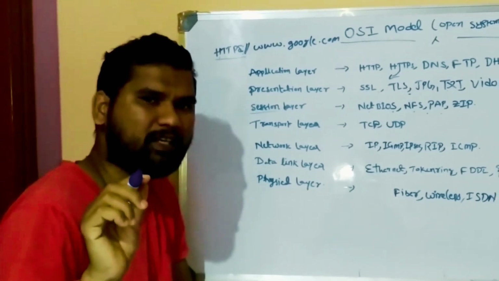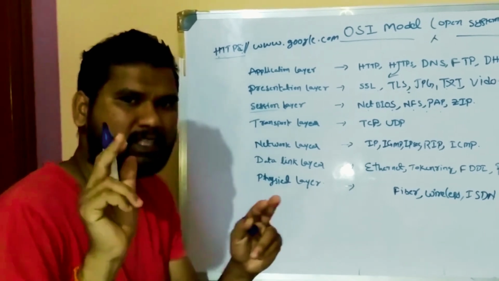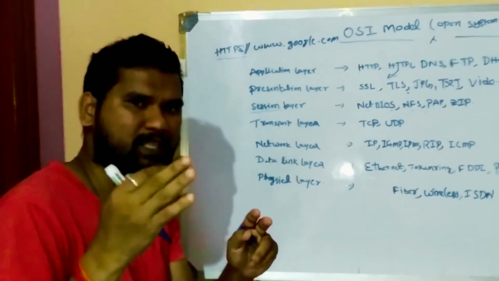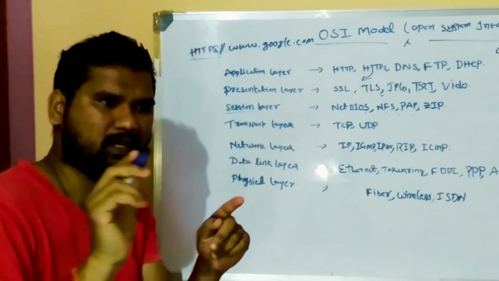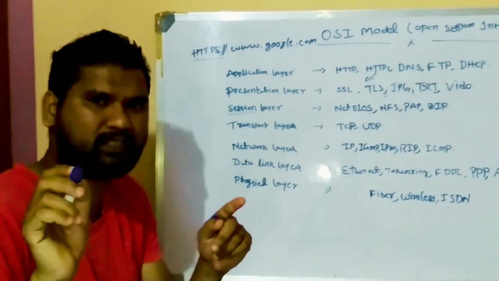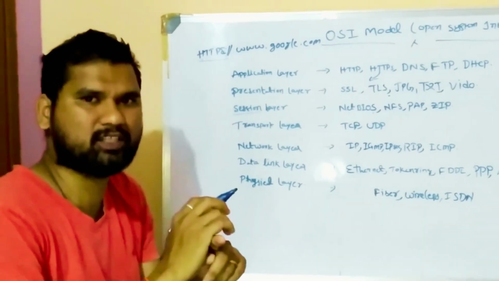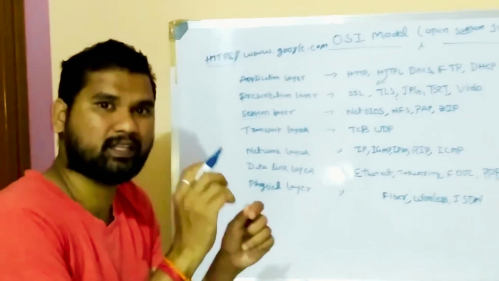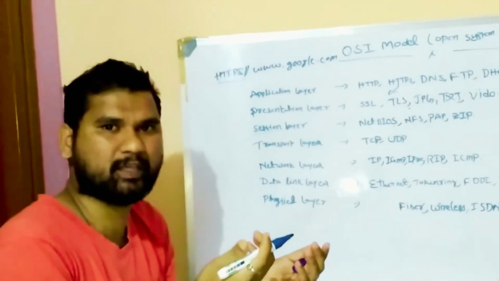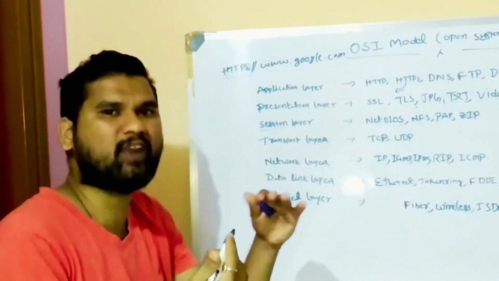We need to check that the data is being sent or not using the TCP protocol. They will establish the connection with a three-way handshake. First the connection is established, and after that they send the data. If the data is sent, they send an acknowledgement. If they are not getting any information, they will resend, and some flags will be there.